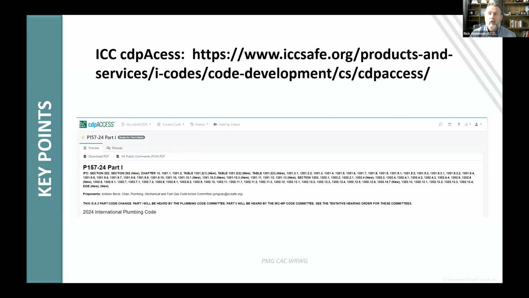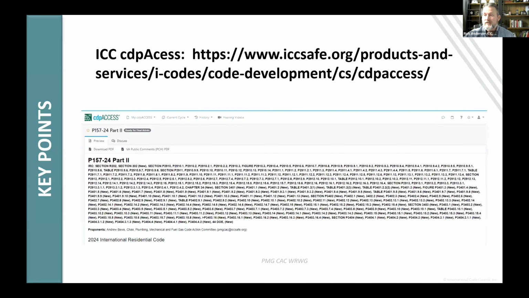And the whole on-site water reuse, to include black water, will be housed in a brand new chapter if approved at the code hearings. So these are the two. As you can see, the IRC section makes changes to a bunch of sections within the IRC to make that brand new holistic water reuse chapter.